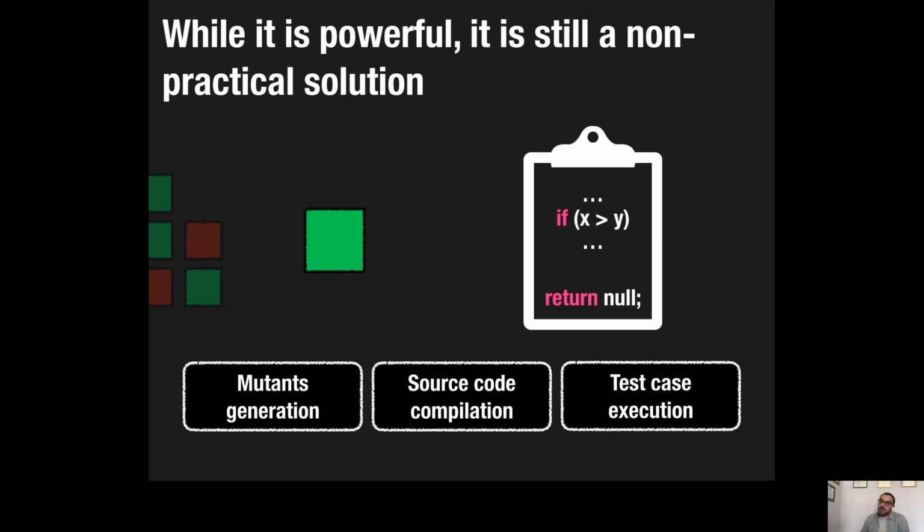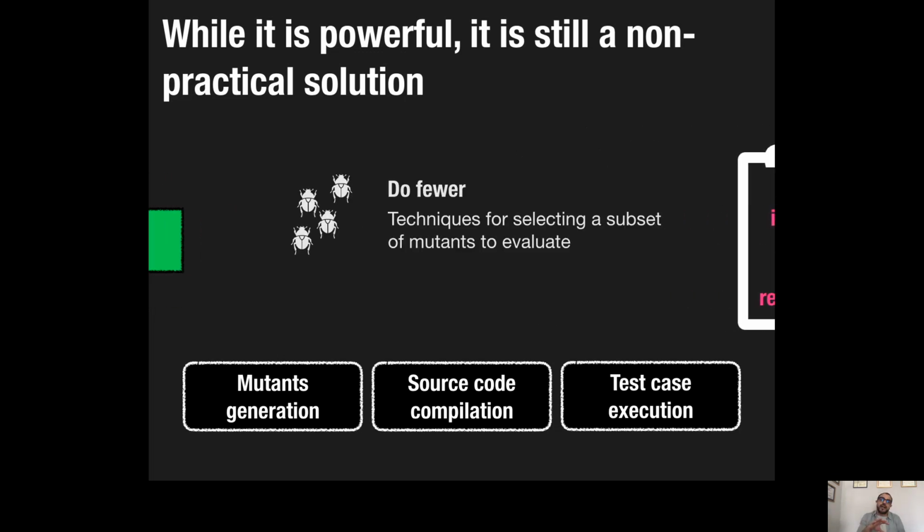For this reason, researchers in the past have been working on making mutation testing more practical. So they worked on the scalability perspective of mutation testing. And they came up with a number of useful alternatives that we can categorize in three main types of approaches.